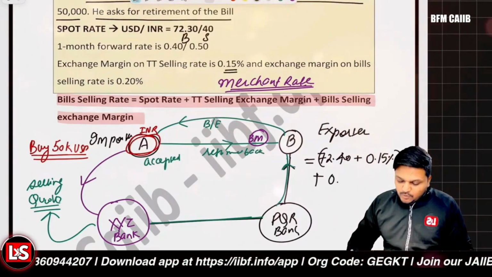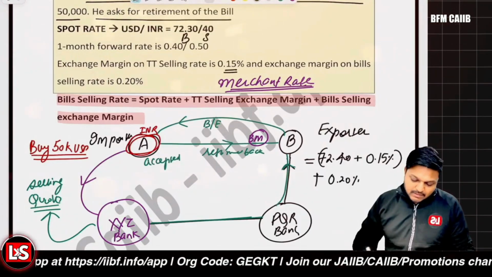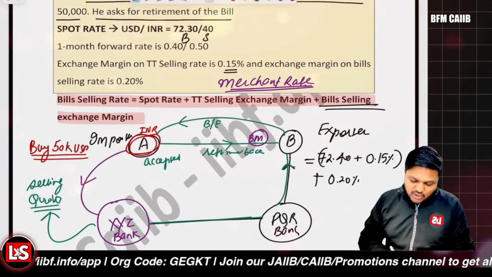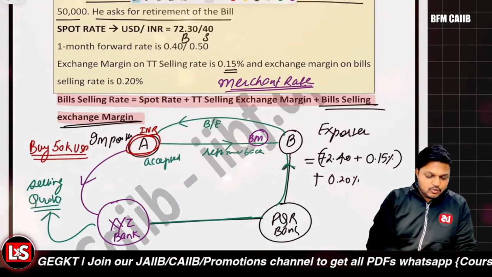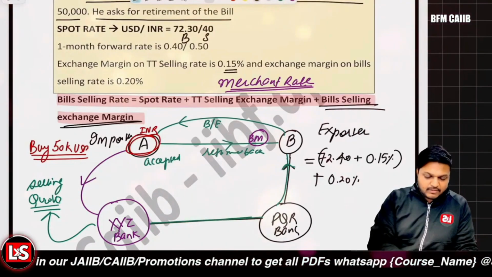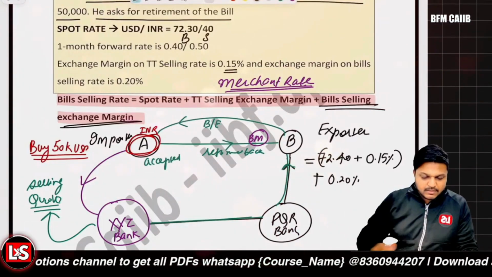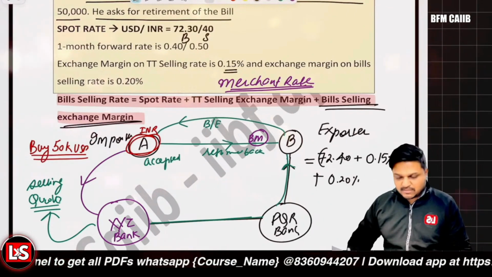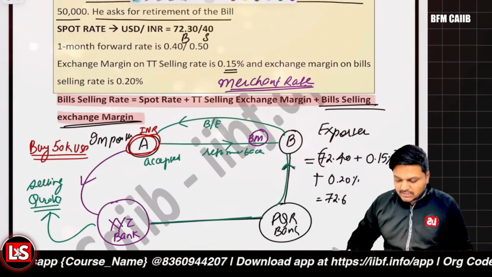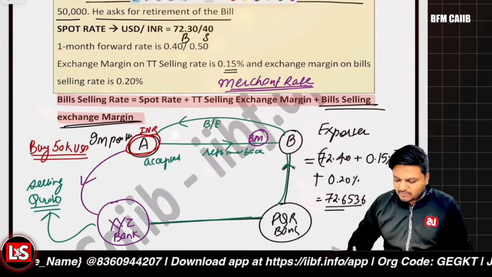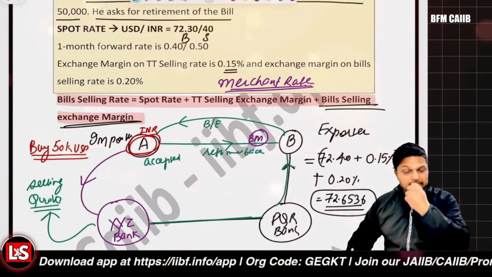That is 0.20%, which is related to the bills selling exchange margin, right? So it is 72.4 plus 0.15% plus 0.2%. That is 72.6536. This will be the answer. Okay.